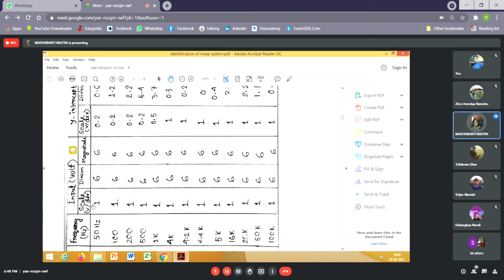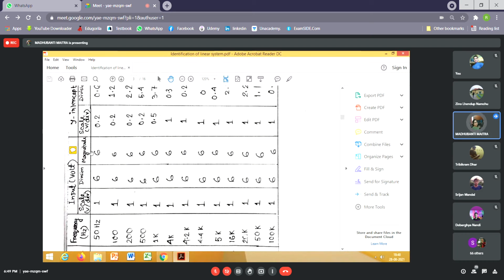The scale we have chosen to be volt per division, 1, and the number of divisions, the excursion, is 6. So the peak-to-peak voltage is 6 volt, 6 volt, 6 volt, 6 volt, 6 volt, right? So we have ensured that the peak-to-peak voltage is constant.